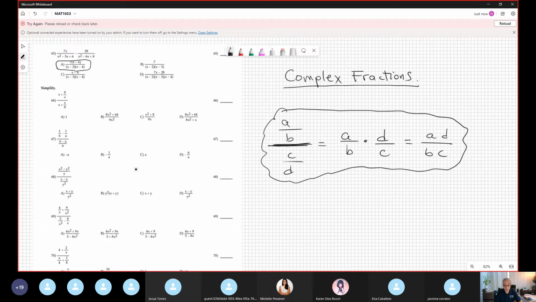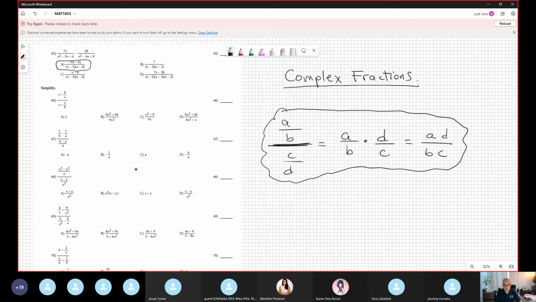Suppose you have A plus B over C divided by C plus E over H. Well, in this case, yes, but in other cases, no.